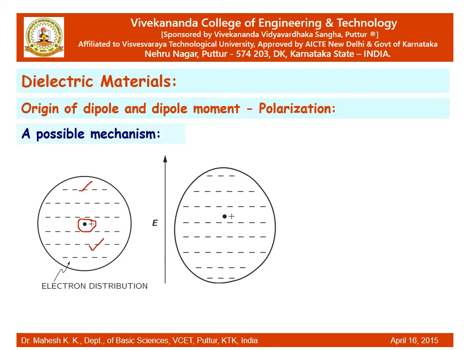The center of gravity of negative charges will be displaced and will no longer coincide with the positive charge of the nucleus. So you could see here, when the electric field E is applied in this direction, the negative charges are going to be shifted down. As you could see, this electron cloud is shifting down. So there is a relative motion between this positive nucleus and all these negative charges, that is the electrons.